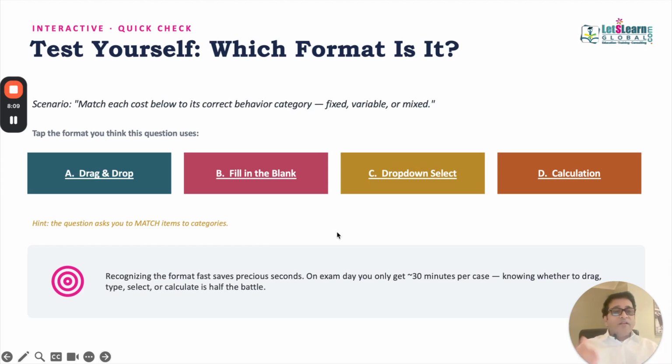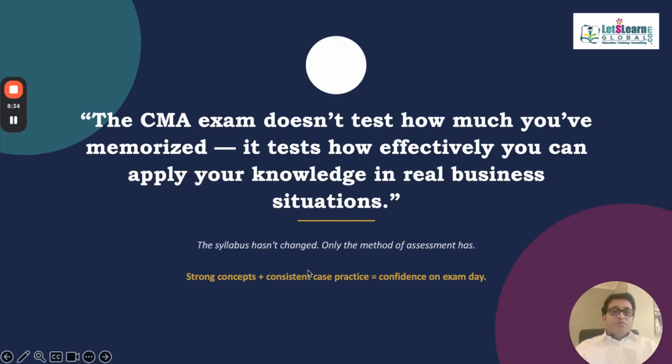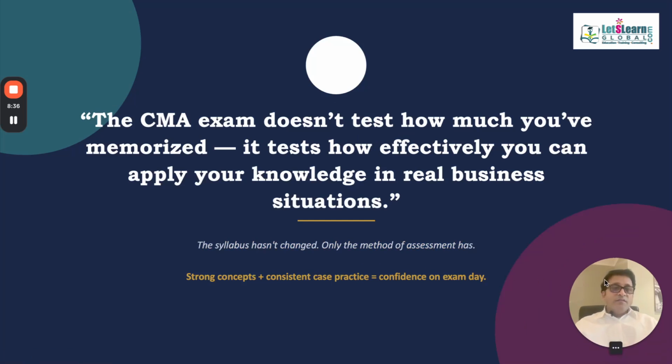Salesperson's total wage, which includes a fixed part and commission, which is variable, should go to mixed. So which question type is it? Yes, drag and drop. You drag that particular item and put it under fixed cost, variable cost or mixed cost.